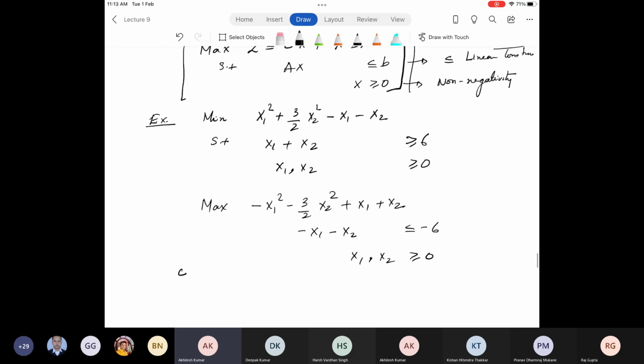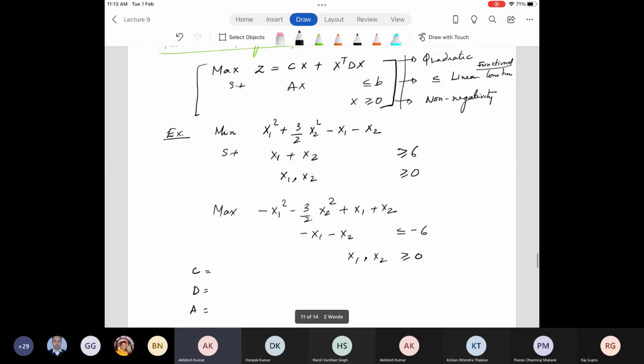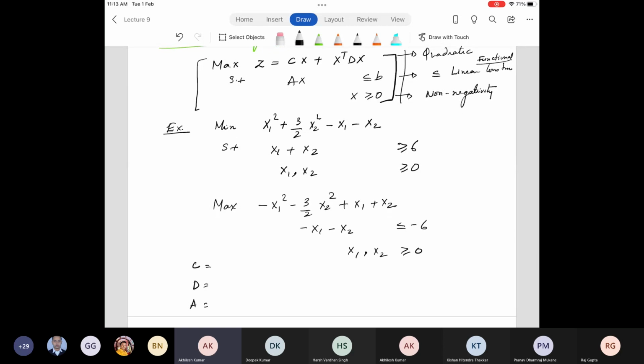Can you tell me what the C vector, the D matrix and the A vector are for the problem I have written above? Sir, C will be (1, 1).